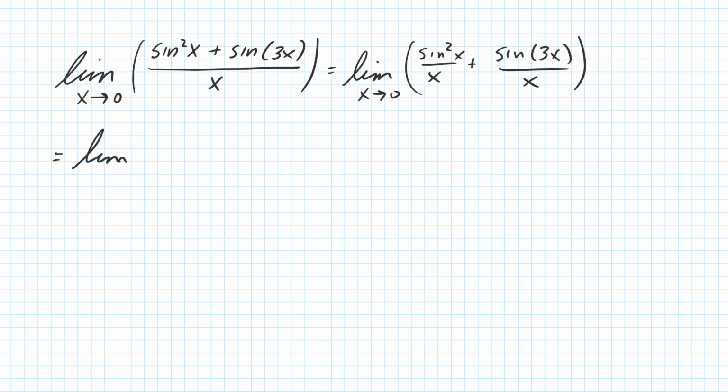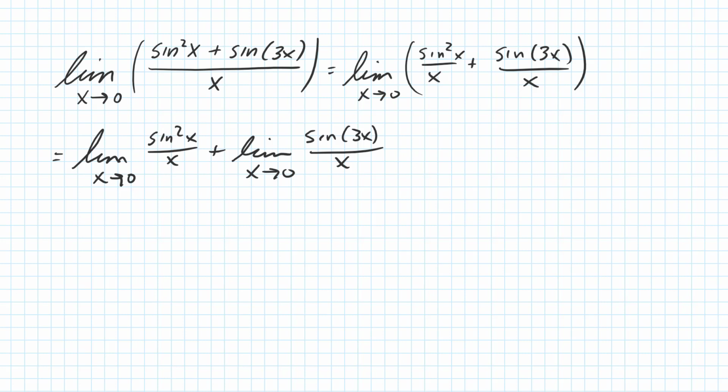And then from there we can pass the limit, and we can write the limit as x goes to 0 of sine squared x over x plus the limit as x approaches 0 of sine 3x over x.